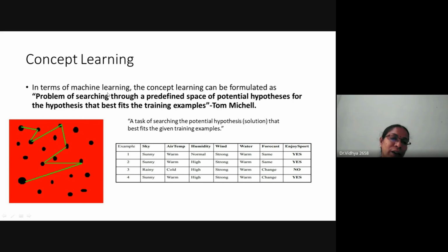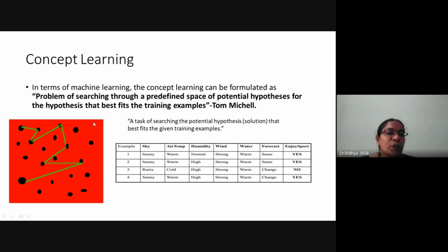So for a given problem statement, we are supposed to identify the suitable solutions, that is, the potential hypothesis which fits best to the given problem statement. Here we have taken the training examples, and for those training examples we are trying to find the solutions.